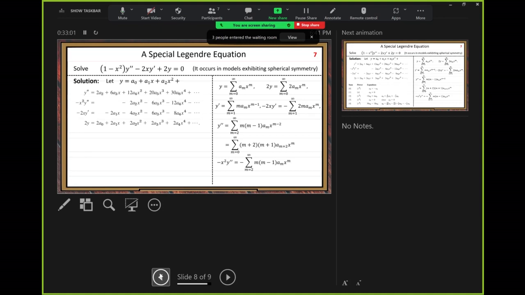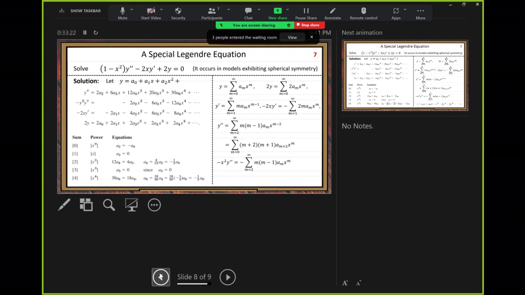So here, for the first few terms, y prime, then second, then we align the same power term vertically. Then we add them up.